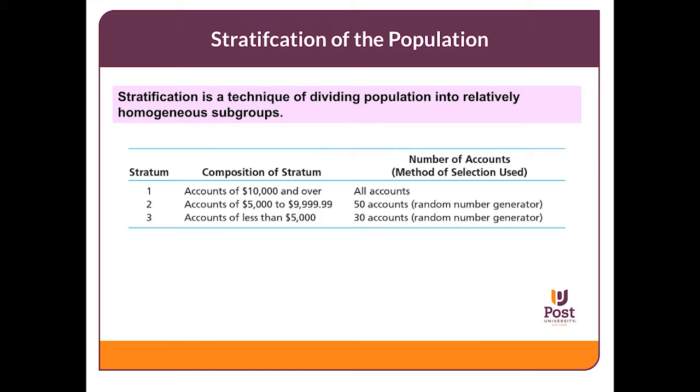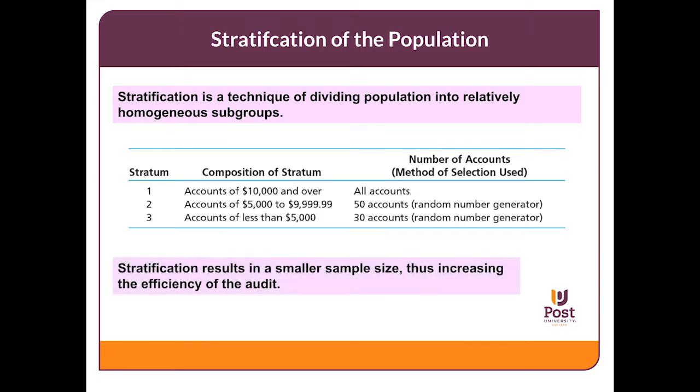And the third is all under $5,000. We then would determine our sample size for each stratum. Because the 3 strata by themselves are more homogeneous, stratification results in a smaller sample size, thus increasing the efficiency of the audit.